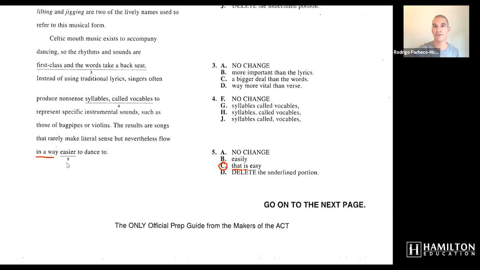This is easier than this other thing, right? So that's not going to work. Easily is an adverb, and we would need a verb here that this modifier could modify. We don't have that. This also just doesn't make sense in this context. So we can eliminate B. And we certainly don't want to delete the underlined portion because then we lose the modifier altogether. And again, this is why C is our correct answer.